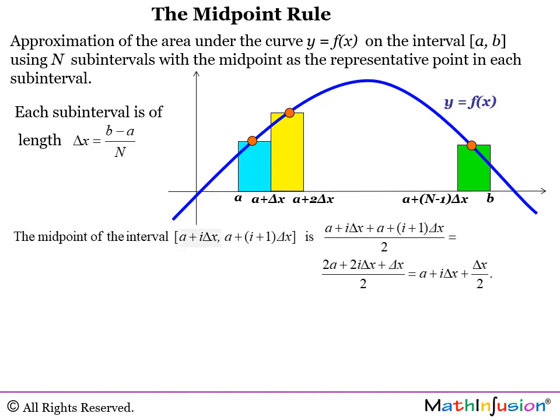It means that the midpoint of each of those subintervals, a plus i delta x and a plus (i plus 1) delta x, is the average. So it is really adding up those endpoints divided by 2, and after we simplify, we get a plus i times delta x plus delta x over 2, just by taking the average.